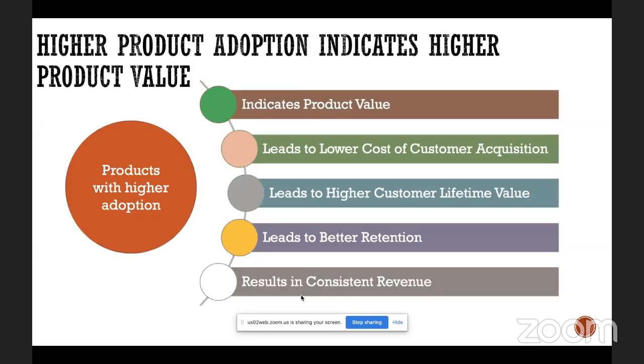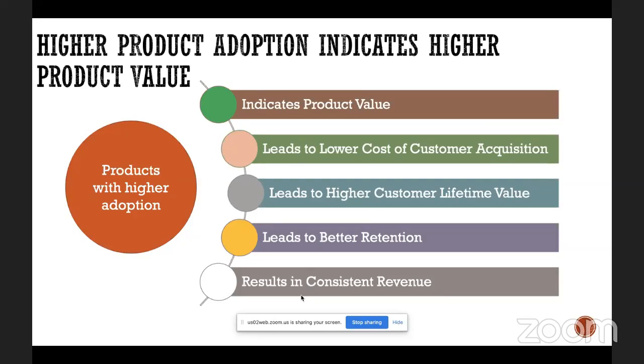So here's something where I wanted to bring your attention to: what is the prime benefit that we have with higher product adoption, right? Higher product adoption definitely indicates product value. It indicates that the customer problem understanding was in the right direction, and you are able to derive some value for the customer.